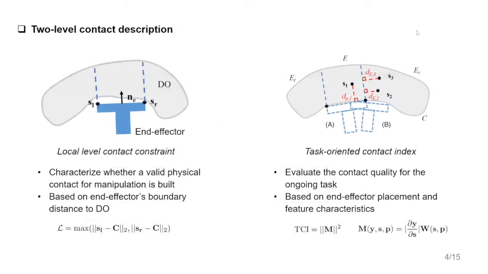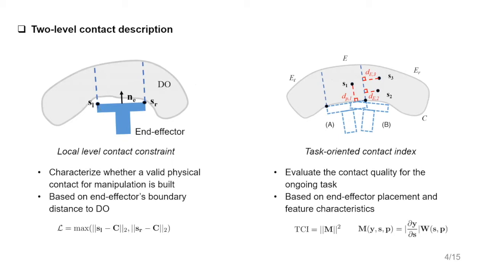For the first question, to describe and quantify the contact condition in non-fixed contact, we propose a novel 2-level description method. Specifically, the local level contact characterizes whether a valid physical contact is built between the end effector and the object based on the boundary distances to the object.